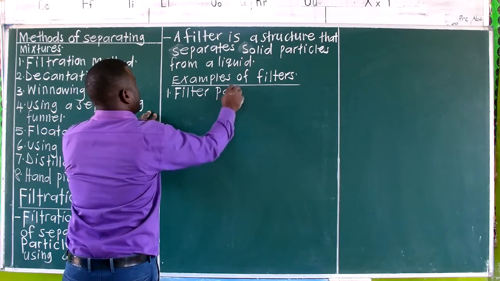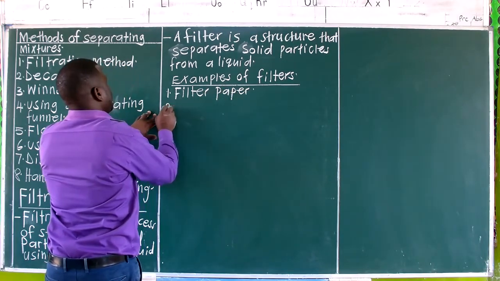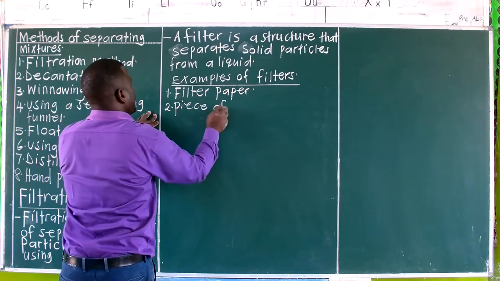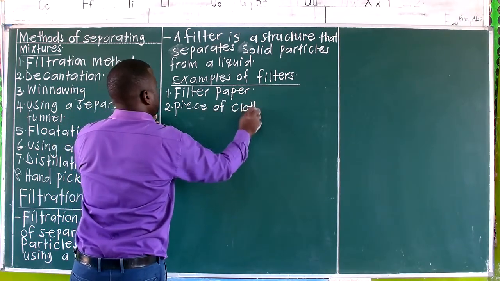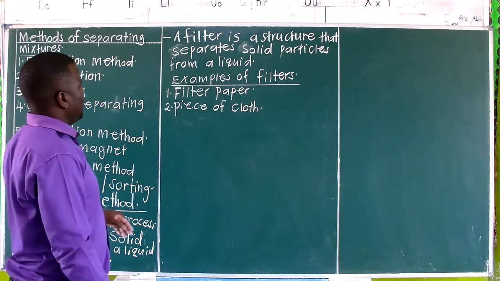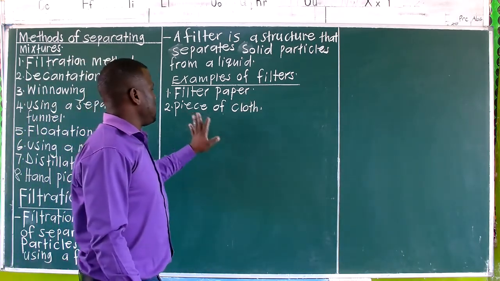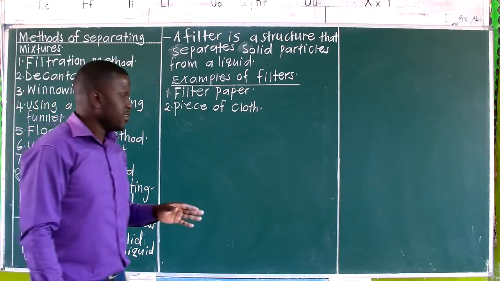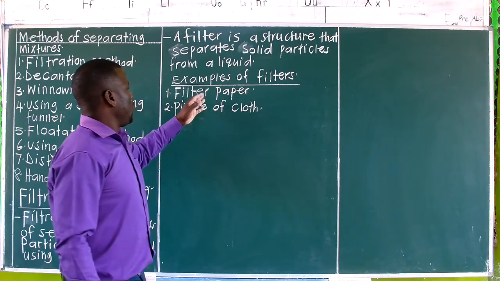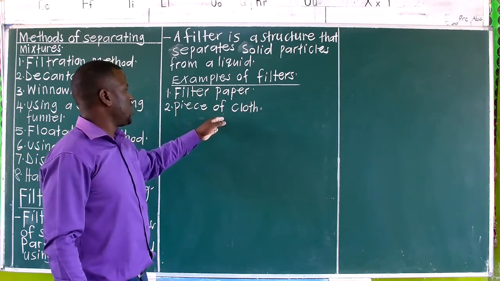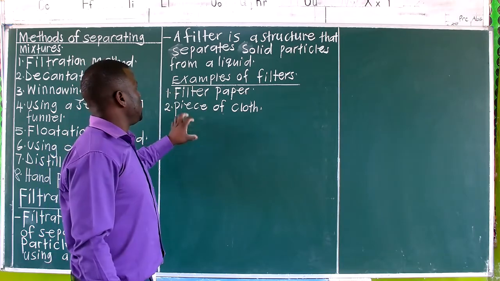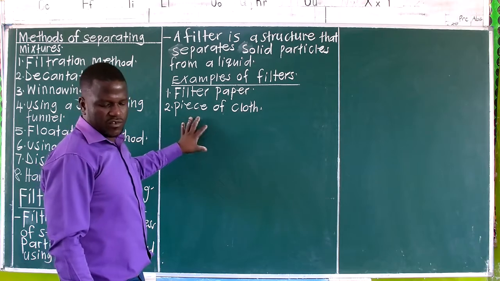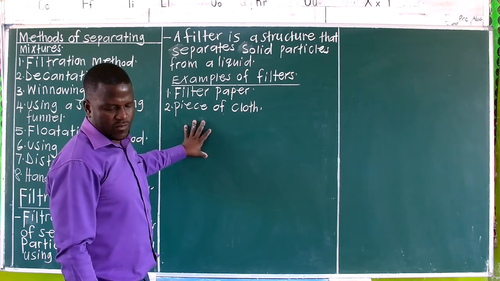So these are examples of filters. When we use a filter paper or a piece of cloth to separate solid particles from liquid, that method is called filtration.